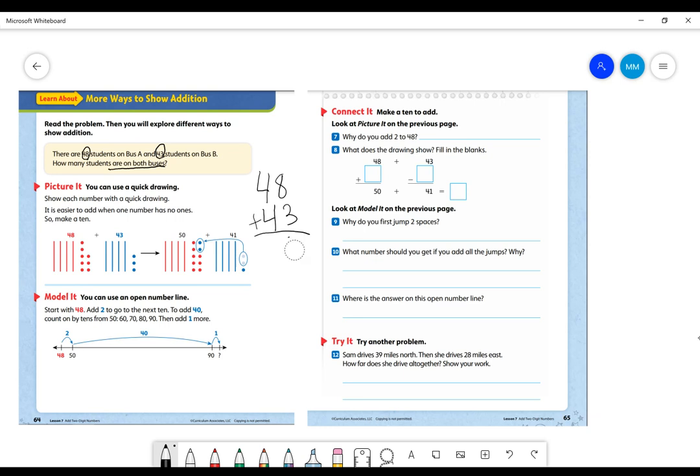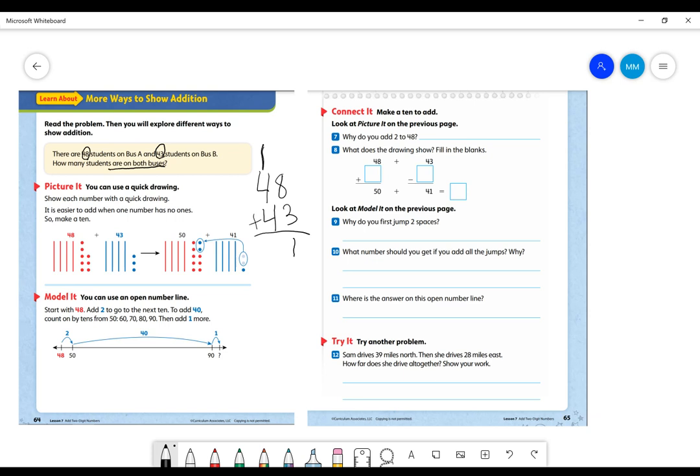So friends, what this looks like is so. So if I have 8 ones and 3 ones, I'm going to leave my 1 left over, and I'm going to make a 10 and move it over to my tens place. So now I have 1 left over, and I move that 10 to make 50.